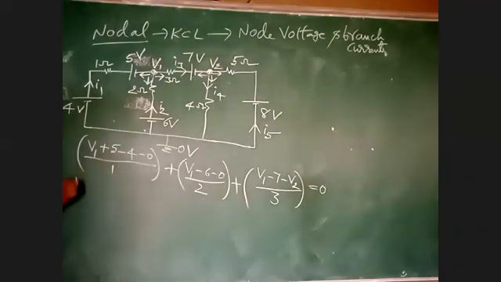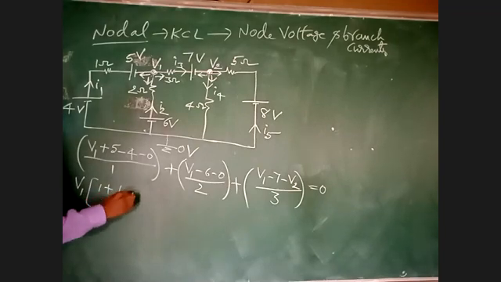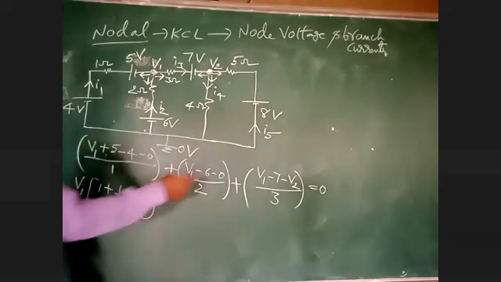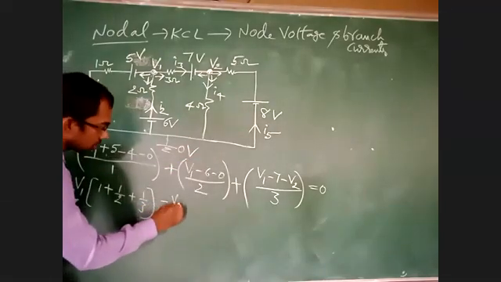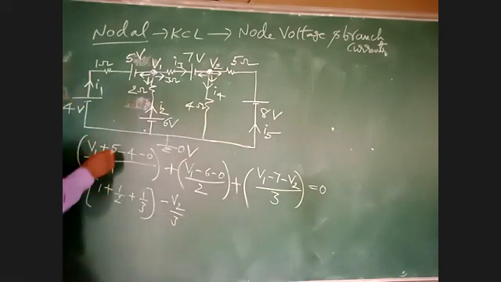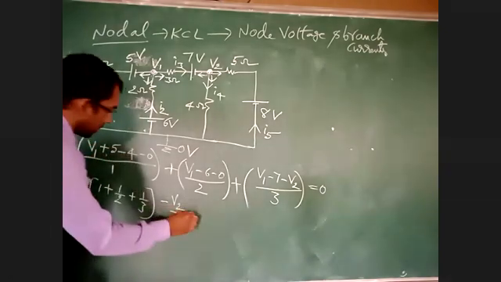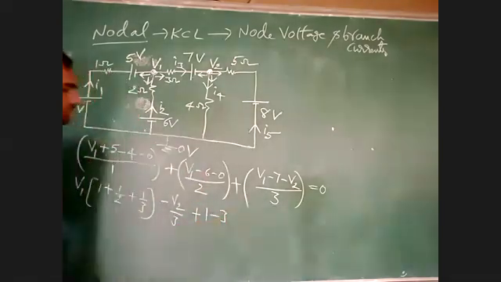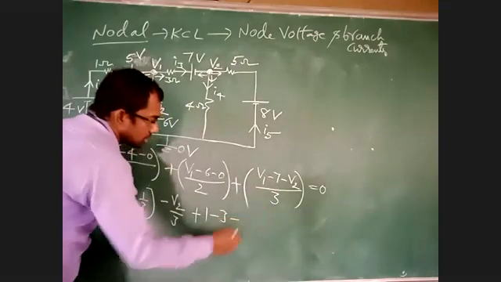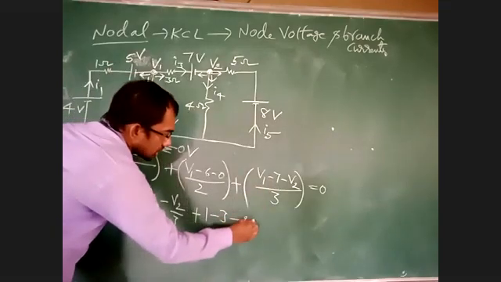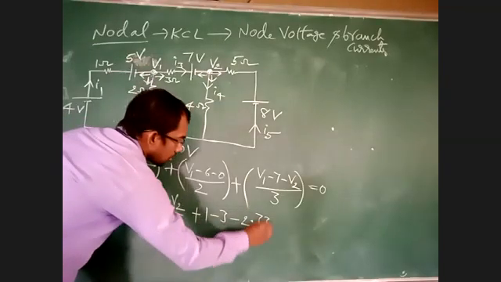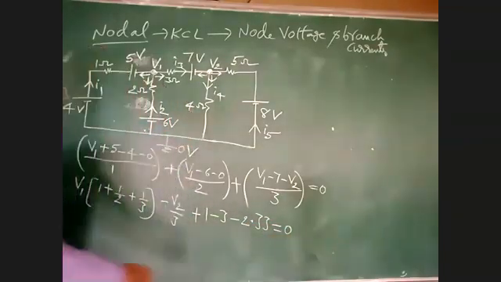Now simplify this. V1 times (1 plus 1 by 2 plus 1 by 3) minus V2 by 3, plus 5 minus 4, 1 plus 1, 6 by 2 is 3, minus 3, minus 7 by 3, that is 2.33, is equal to 0.